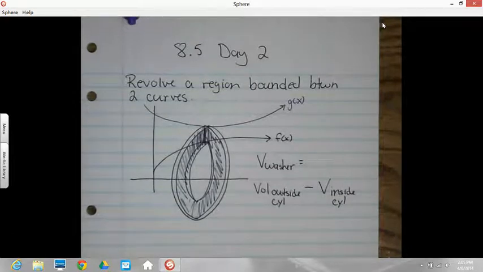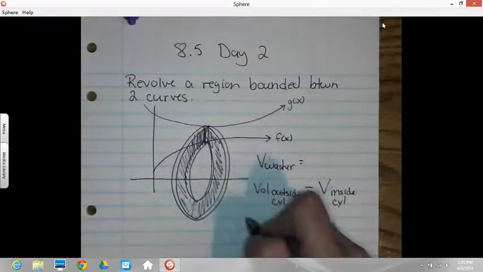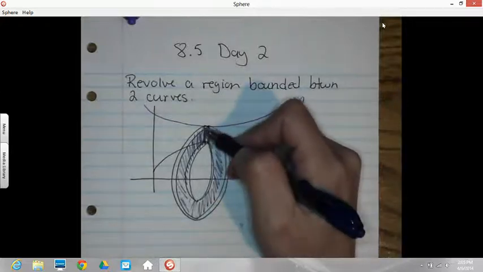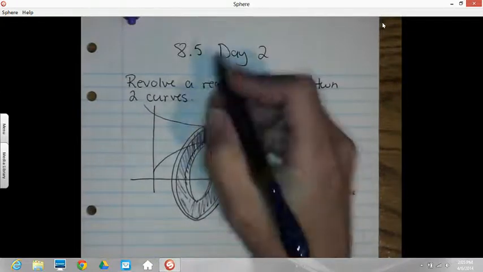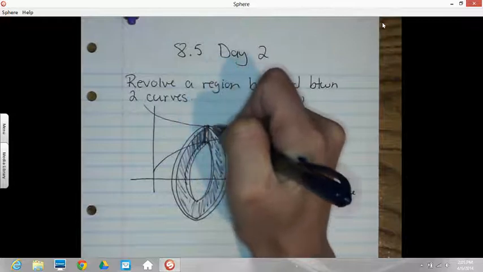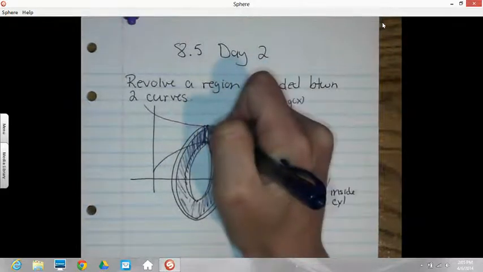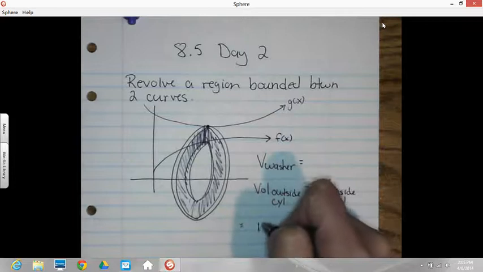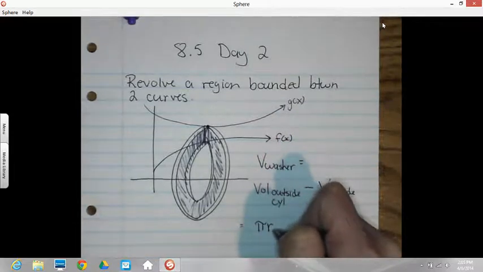So the volume of the outside cylinder, just like if that rectangle went all the way here, the radius of the cylinder would be defined by this outside function. So it would be pi, we'll call that R1, radius 1 squared, times the height.